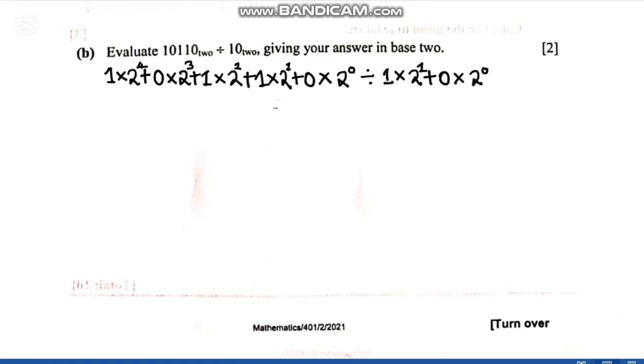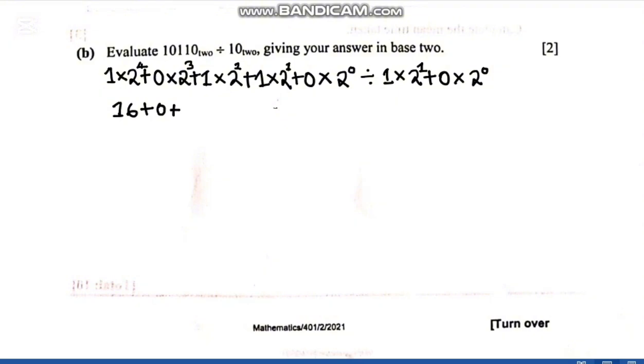So 1 times 2 to the power 4: 2 to the power 4 is 16, times 1 gives 16. Plus 0 times 2 to the power 3: 2 to the power 3 is 8, and 8 times 0 is 0.